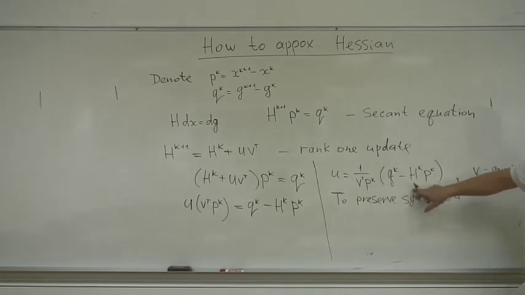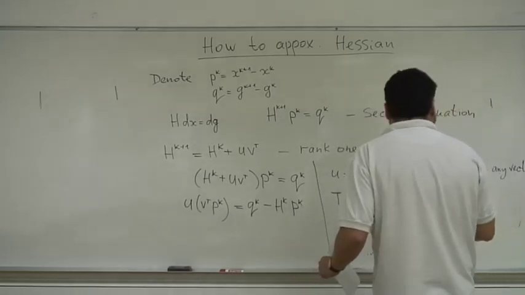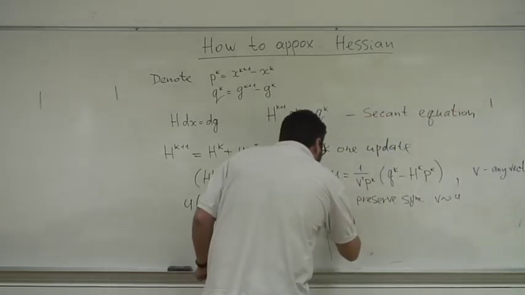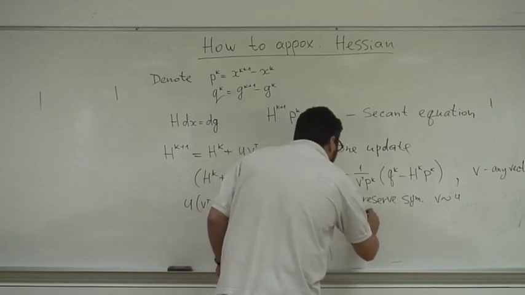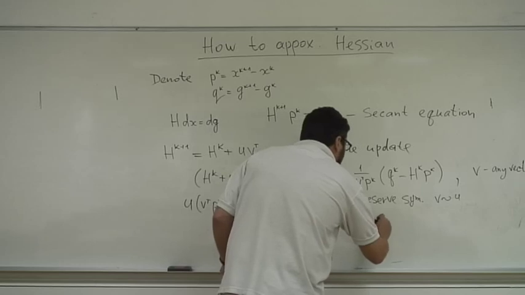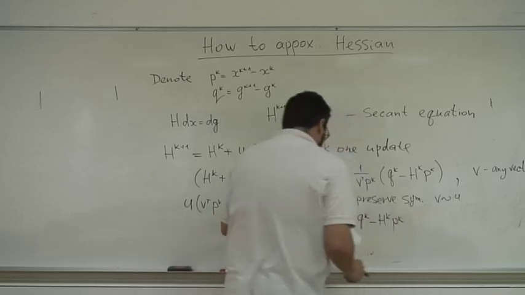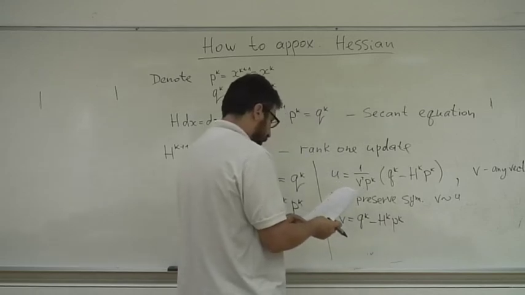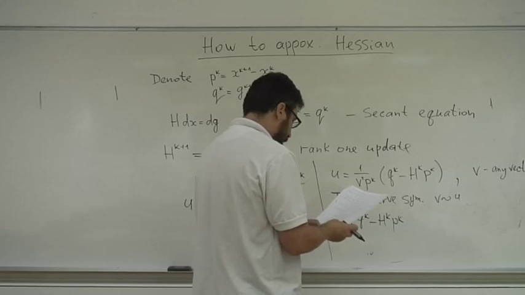So I can choose, for example, v as this expression. So I can use v equal to q_k minus H_k p_k.